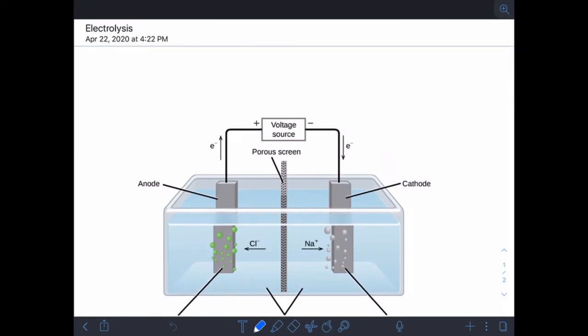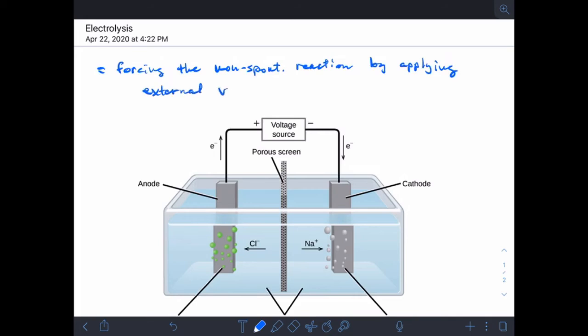Electrolysis essentially is just forcing the non-spontaneous reaction, and we do that by applying an external voltage. Your spontaneous reaction will run without any help, but you can force the reverse reaction by applying some sort of external power source.